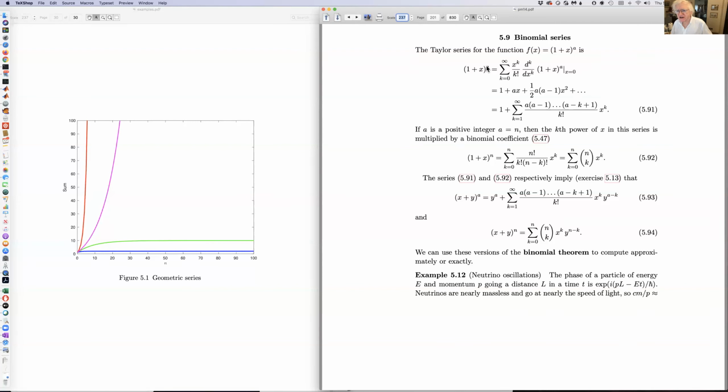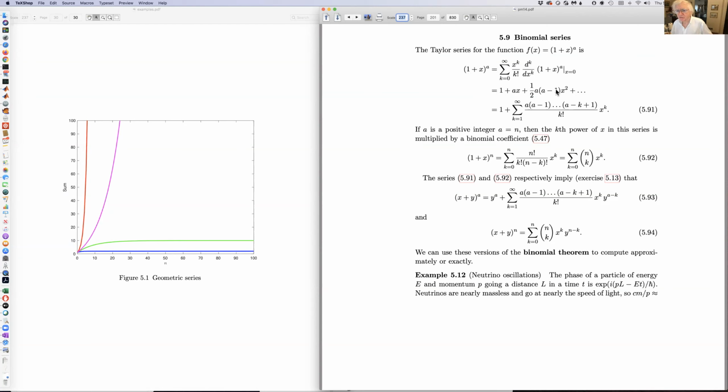(1 plus x) to the a, more generally, is a Taylor series, and so we take all these derivatives at x equals 0. The natural thing is to expand about x equals 0, which is to expand about 1 for the function 1 plus x.